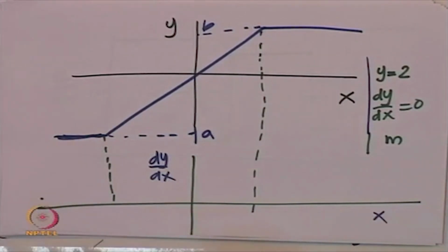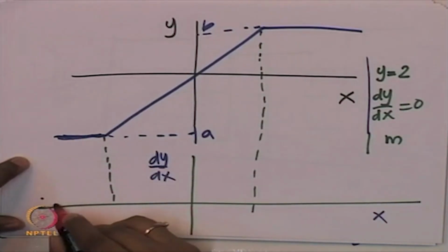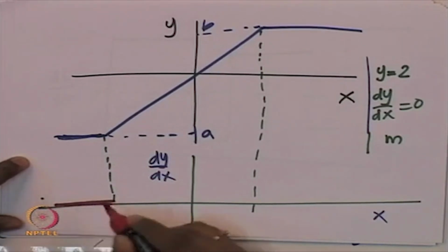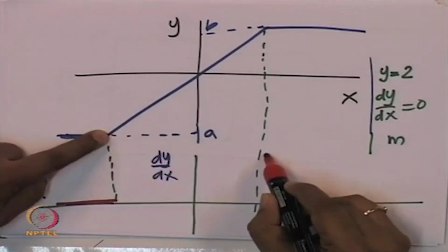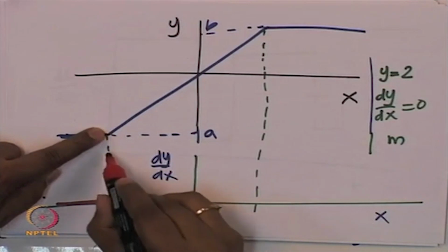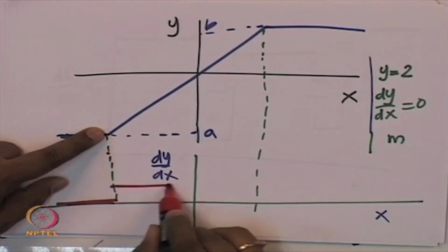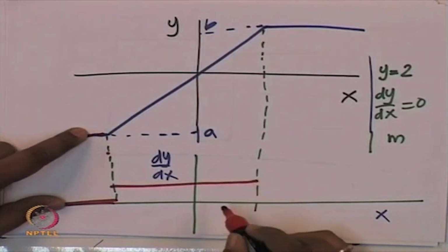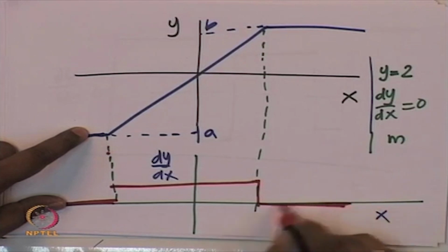So, let us try to draw this. Here the derivative is 0, so let us draw 0 here, and from here to here the derivative is a constant, so let me draw a constant line here, and again it is 0.